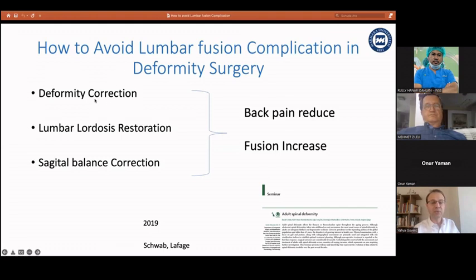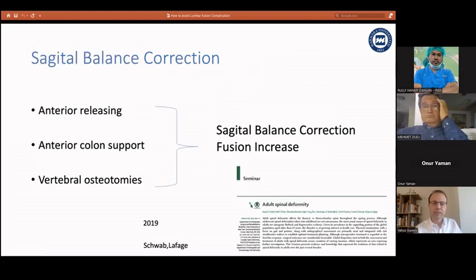For example, if we make a good deformity correction and achieve good lumbar lordosis and sagittal balance, we get strong fusion at the same time, and we see the patient's back pain reduce. These are very important corrections: deformity and getting lumbar lordosis. And we need to make sagittal balance corrections.